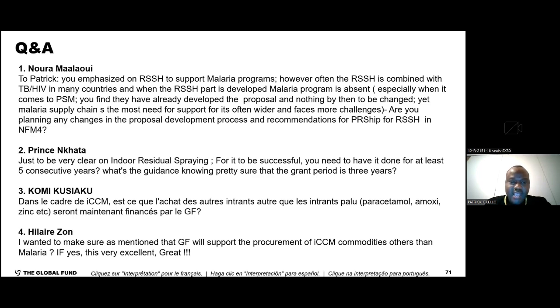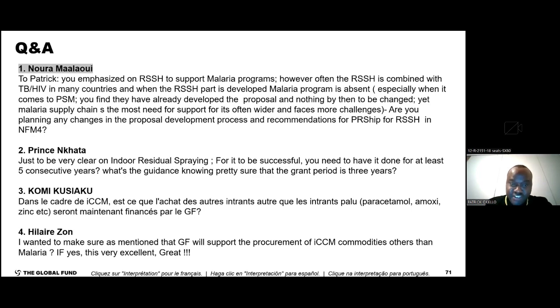Thank you for highlighting some of the problems that do exist sometimes at country level. Our hope is that the way we have written both the RSSH information note and the malaria information note are very much linked, and they do emphasize the relationship and the underpinning that RSSH brings to malaria.